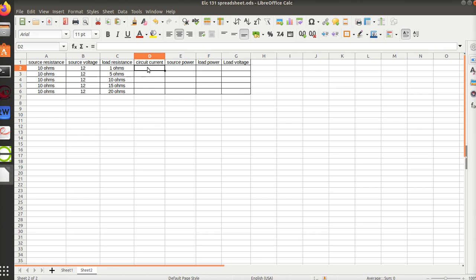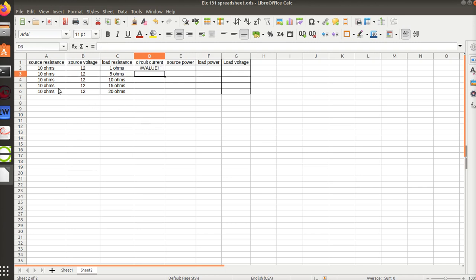So what I'm going to do is I'm going to go in there and I'm going to say equals B2, which refers back to the voltage at this point, divided by, open parentheses, A2 plus C2. Okay. A2 plus C2. I see one problem I'm going to have to fix.